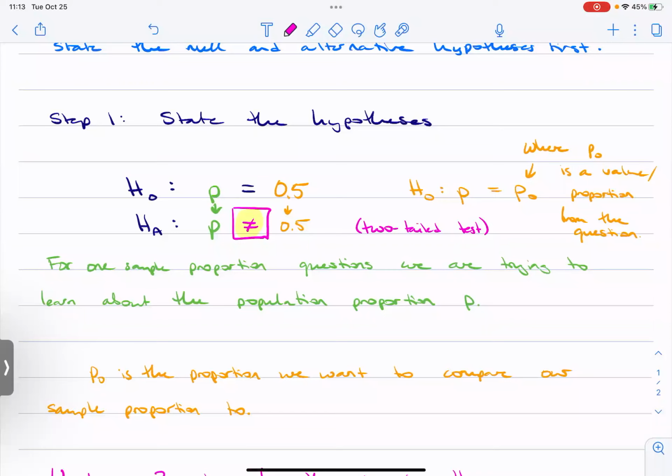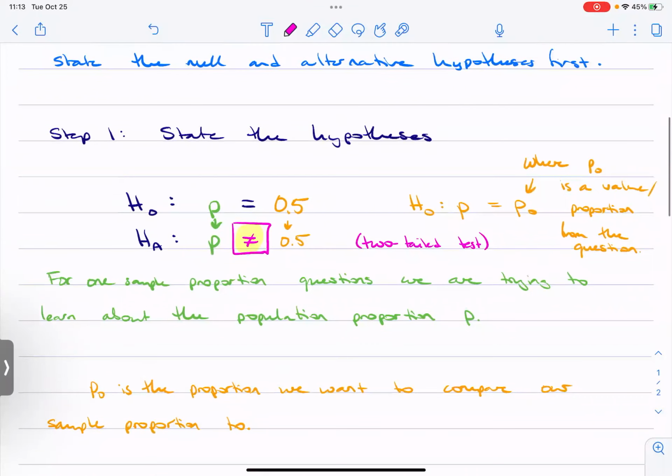That's more of a reminder to myself later on. So we parking lot that up here, and then we're going to refer back to it later. So there's our null and alternative hypotheses.